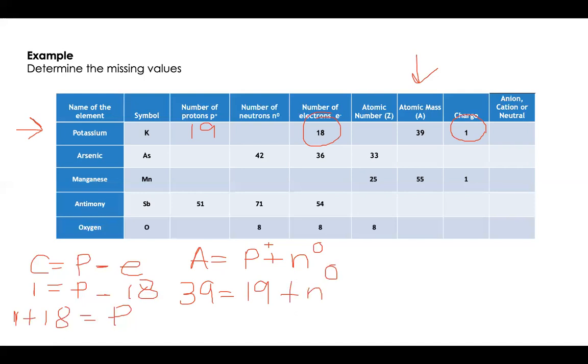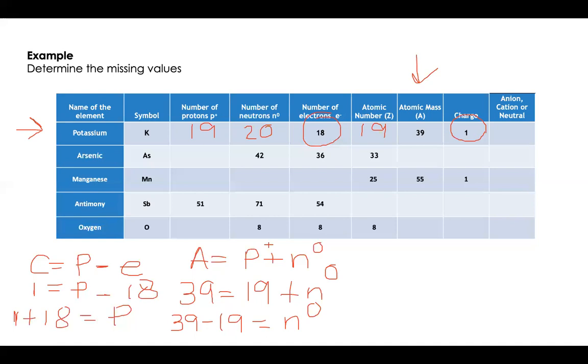If we isolate the neutrons, it's going to be 39 minus 19 because we are going to pass it to the left side, and we get the neutrons, which in this case is going to be 20, okay? The atomic number, we said that it's equal to the number of protons. So this is going to be 19, okay?